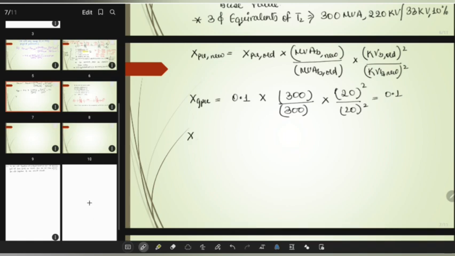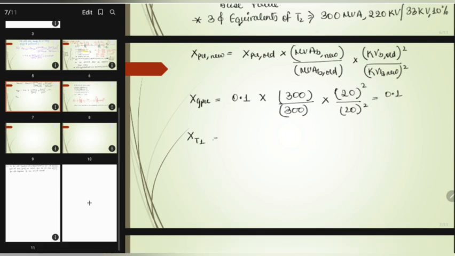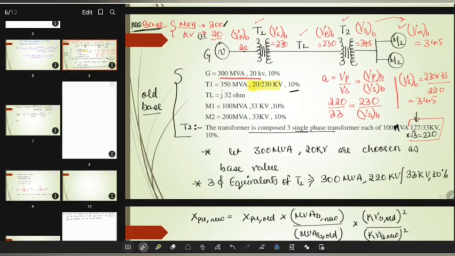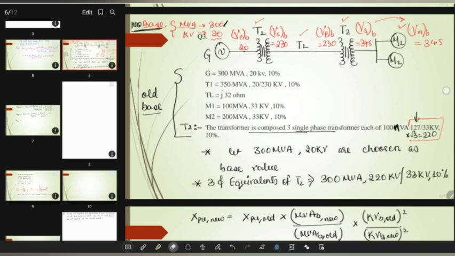Similarly, we do with the transformer. In the transformer, either you take primary side or secondary side, your answer will be the same.